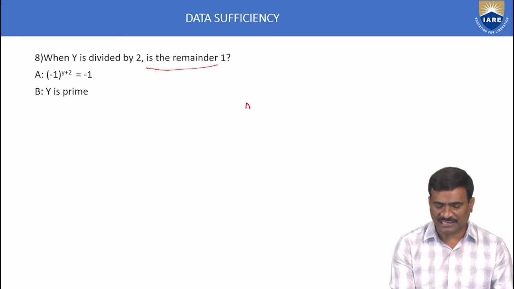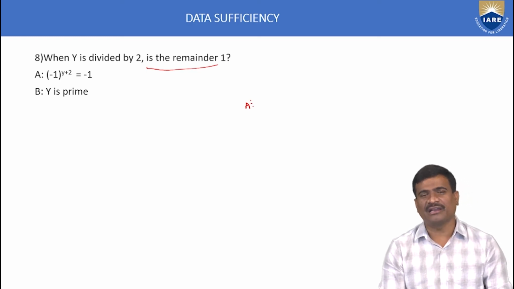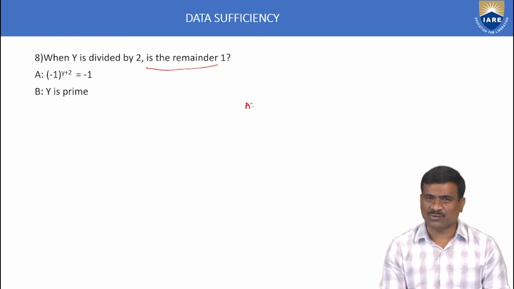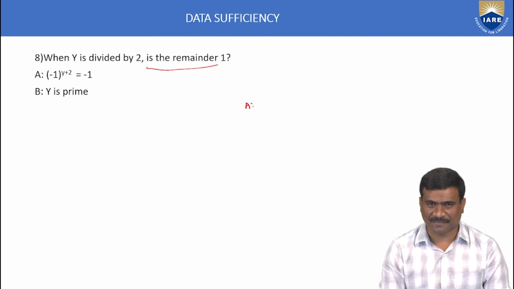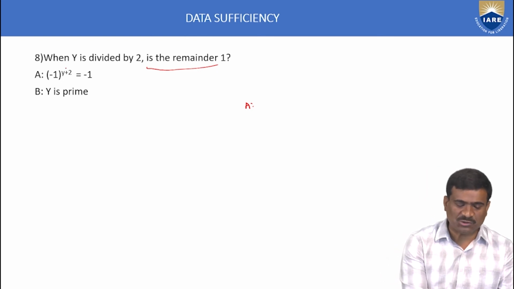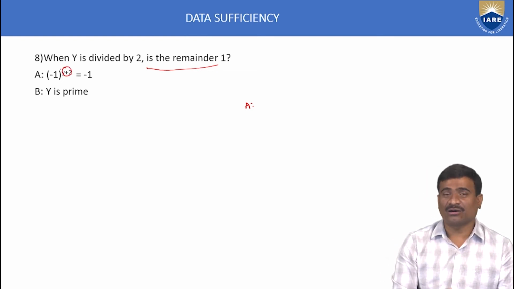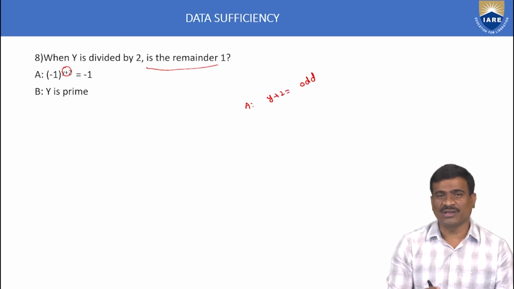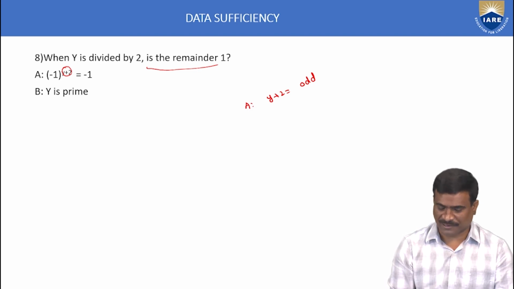Statement A implies that, comparing LHS and RHS, when RHS is equal to -1, then the LHS power must be an odd number. Suppose y plus 2 is an even number, then the result is positive only. If y plus 2 is an odd number, then -1 is possible, so y plus 2 must be odd.